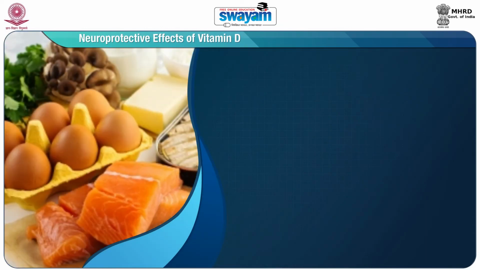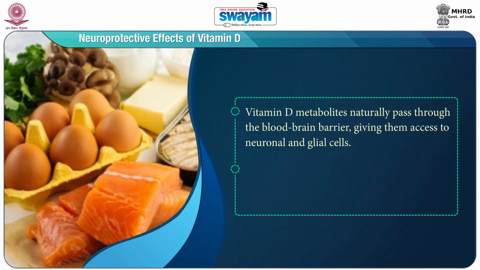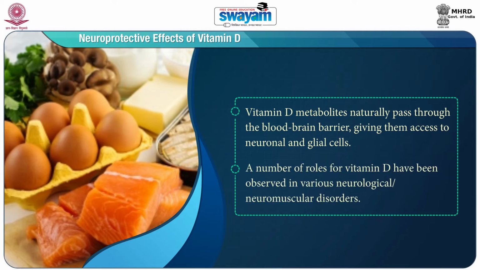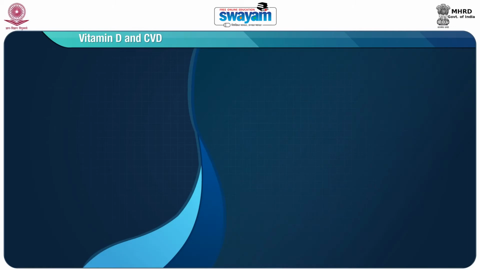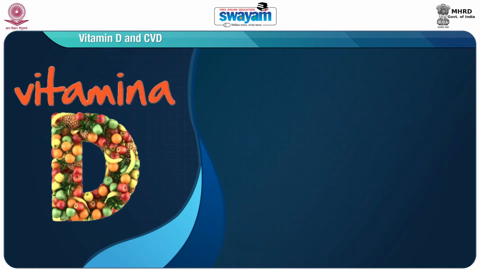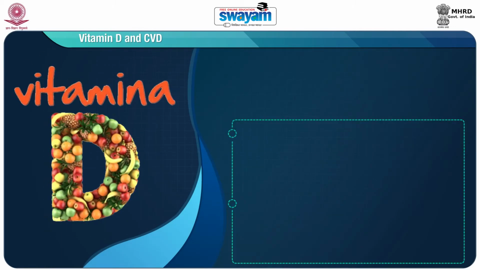Now, coming to the neuroprotective effects of vitamin D. Vitamin D metabolites naturally pass through the blood-brain barrier, giving them access to neuronal and glial cells. Therefore, a number of roles for vitamin D have been observed in various neurological, neuromuscular disorders. Now, vitamin D and cardiovascular diseases.